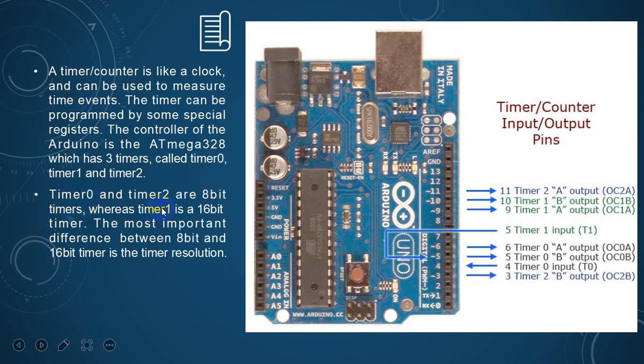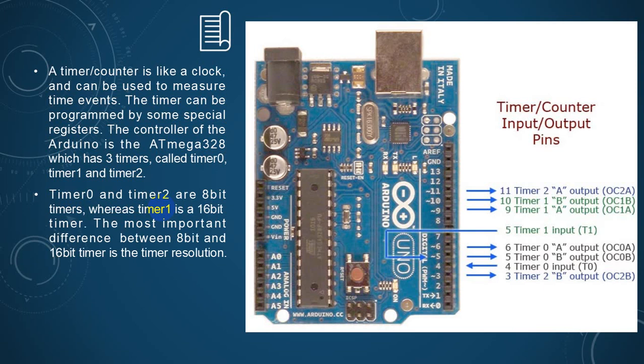Timer 0 and timer 2 are 8-bit timers, whereas timer 1 is a 16-bit timer. The most important difference between 8-bit and 16-bit timer is the timer resolution. With 8-bit timer, how many numbers can you count? 2 to the 8, 256.